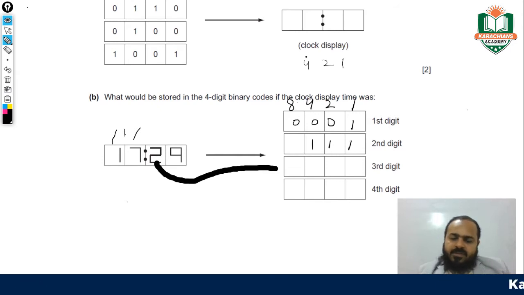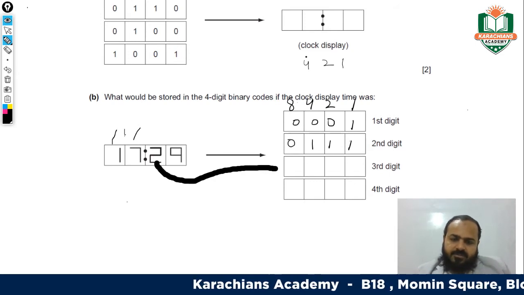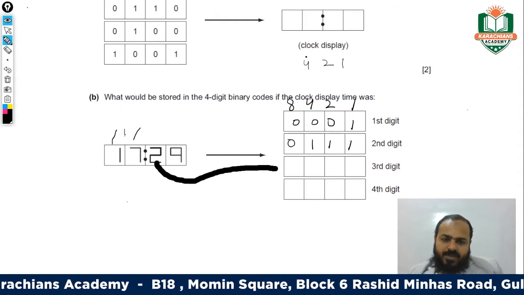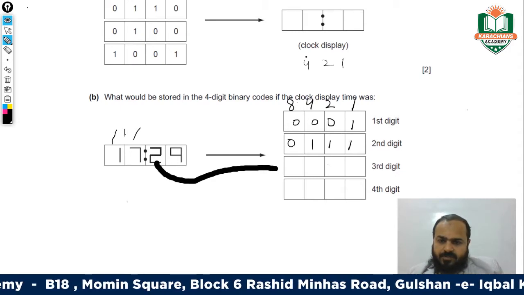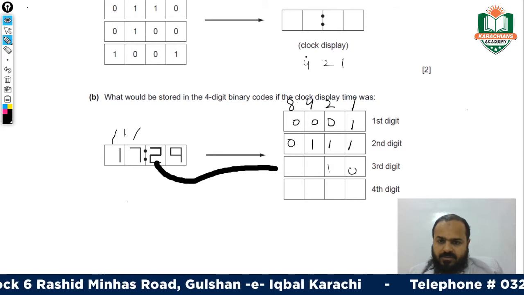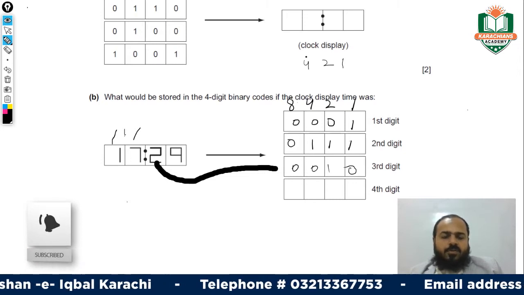Now I am solving this, and sorry, the last one is 0 because we required 7 over here. Okay, and now we have to power on 2. So I power on only 2, and this is 0, and this is 0, and this is 0. Now we go on the 9.